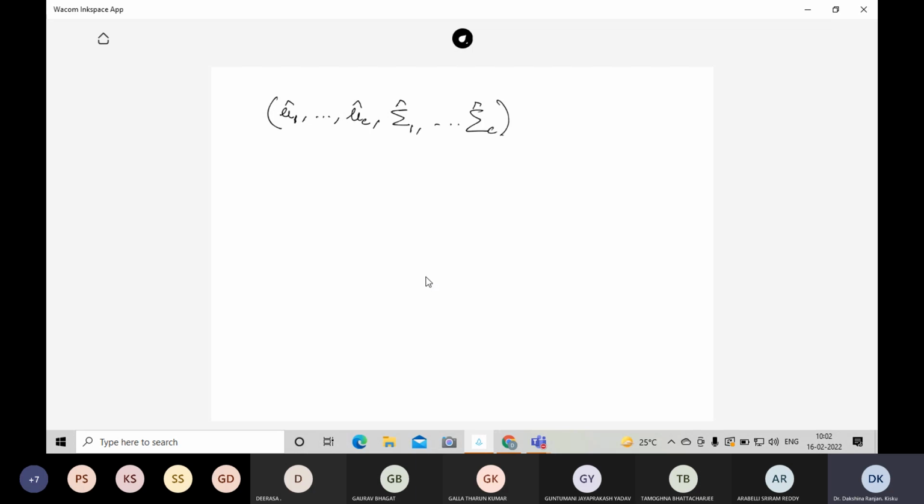Over the C number of classes, we will determine this mean and covariance so that we can get the maximum likelihood.